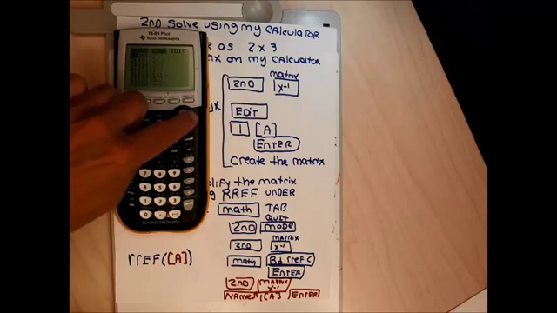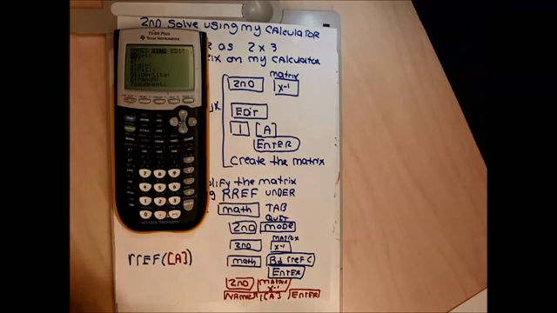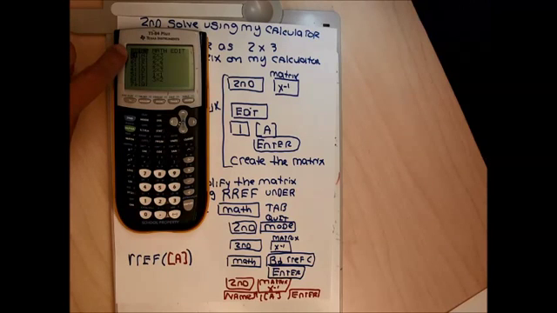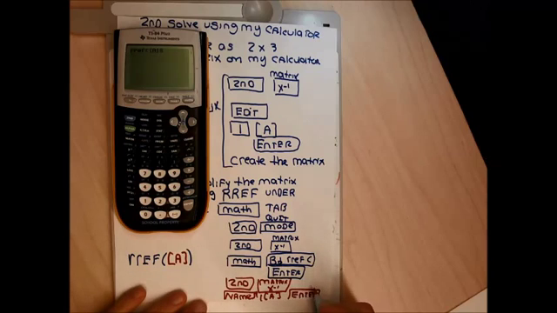So first time I went to edit and was able to enter the matrix. Second time I went into the matrix, I went to math to get the RREF. Third time I need the names of the matrix. I put my matrix in matrix A. I'm going to hit enter and then enter again.